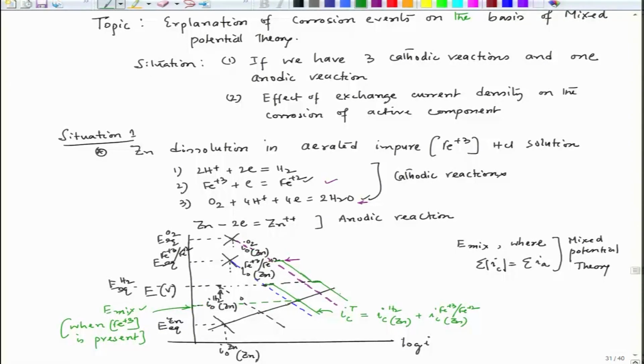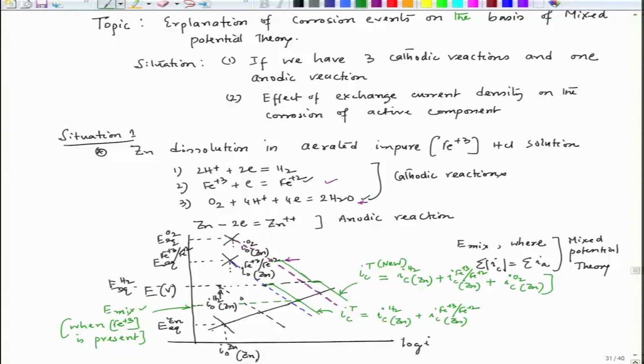So, this particular line is IC total equal to IC hydrogen evolution on zinc surface plus IC Fe plus 3 to Fe plus 2 over zinc surface plus IC oxygen over zinc surface.